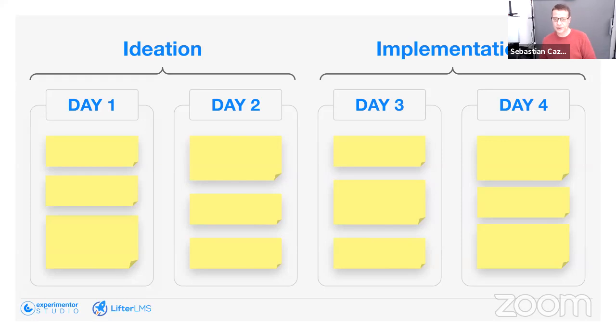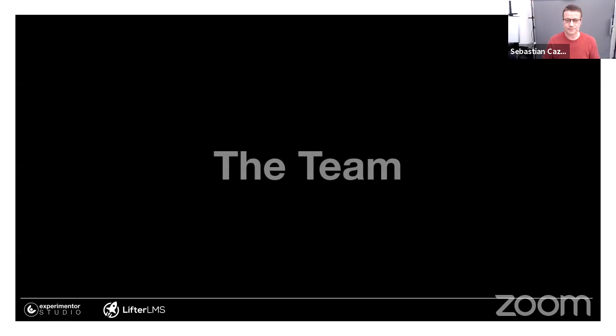The last 2 days of the sprint, day 3 and day 4, are dedicated to implementation: the implementation of the prototype and then validating the prototype. So these are the 2 main components. First, we ideate, and then we implement whatever the output of ideation is.